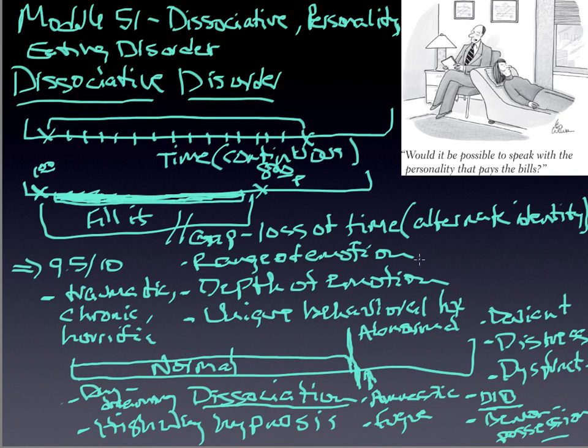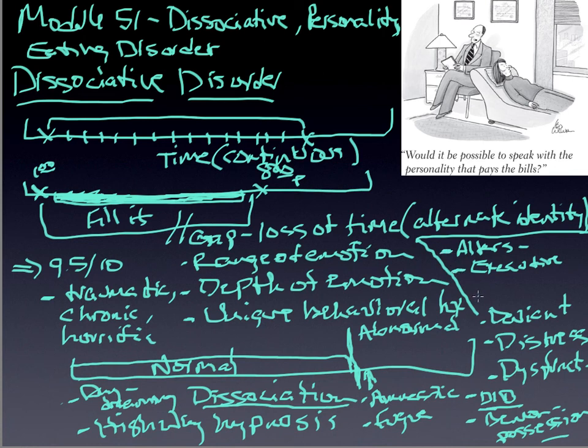Now let me give you a few more terms for you to understand, and I think I've got enough room. I'm just going to carve out a little place over here. One of the terms of DID is alters, and this just simply refers to other personalities. And another term that's important is the executive personality. This is really the one that handles everything external, the external world and so forth.